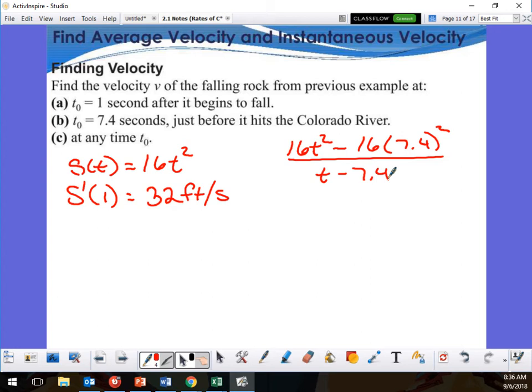Right? 16t squared minus 876.16. Now I'm going to do some weird math on this, because I don't like that. I'm just going to factor. I don't want to square all that or deal with decimals. So I can factor out a 16 already, right? I'm going to end up with 16 quantity t squared minus 7.4 squared.